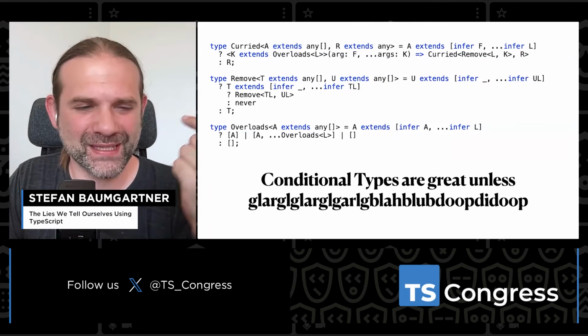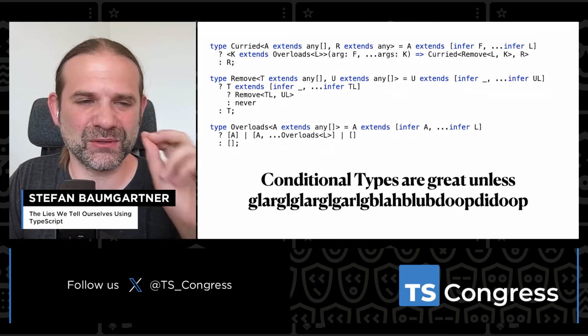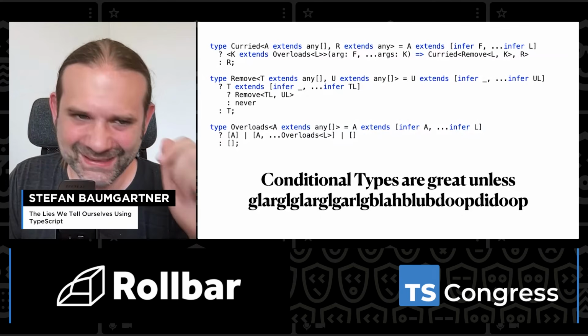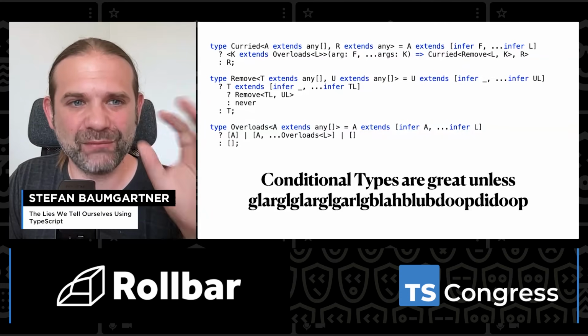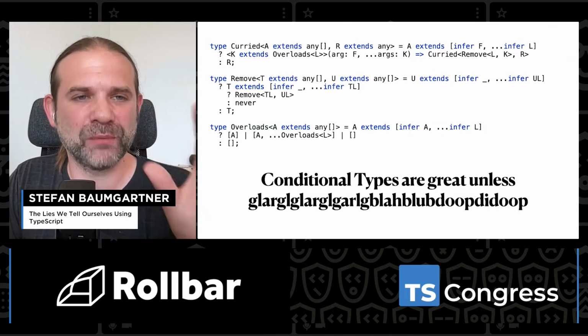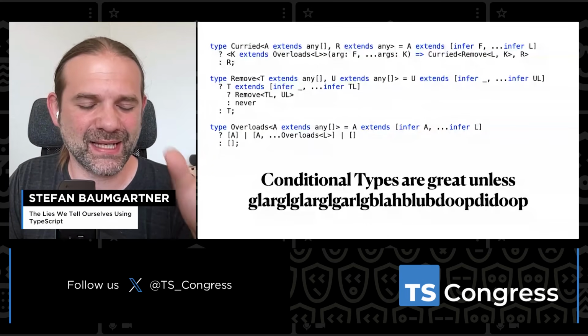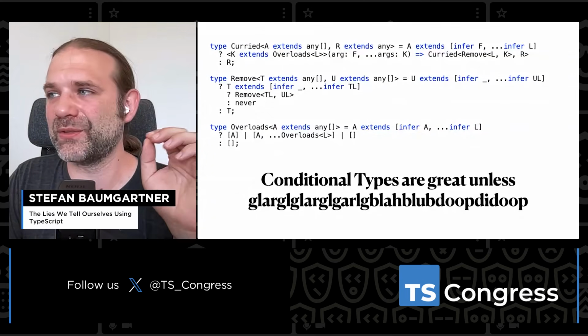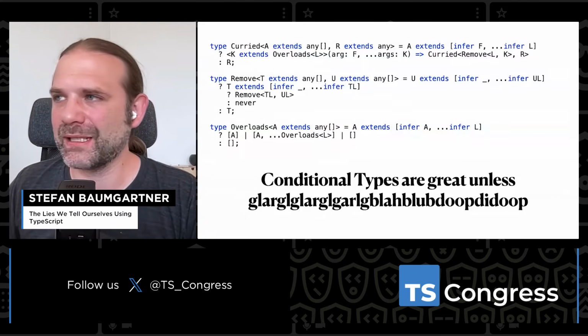You need to work with yourself, or you need to work with your colleagues. And if this goes into your code base, double check what's going on there, document everything, write test cases for that. You can write type test cases. Make sure that everything in here is documented and available, and it stands the test of time. So yeah, conditional types are great unless you figure out they are actually quite complex.